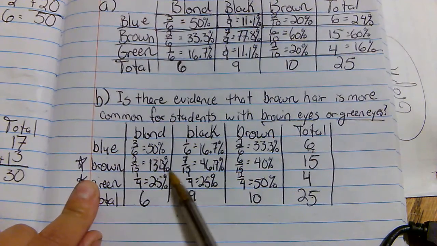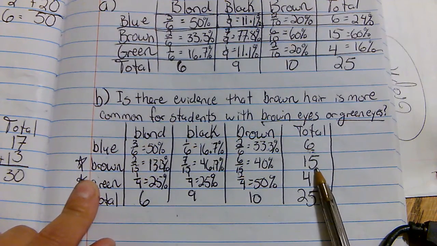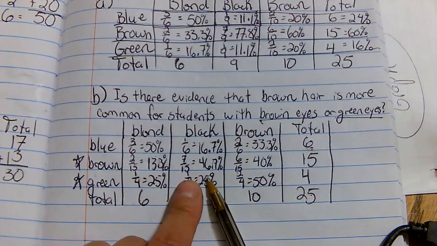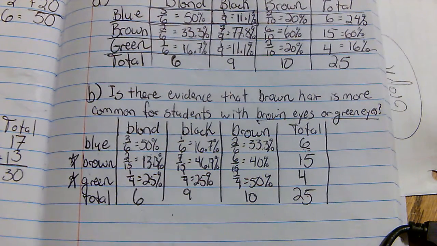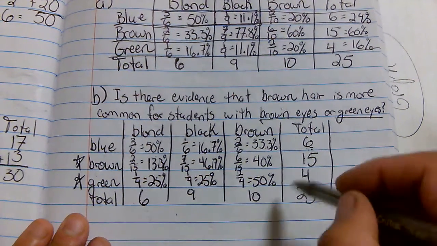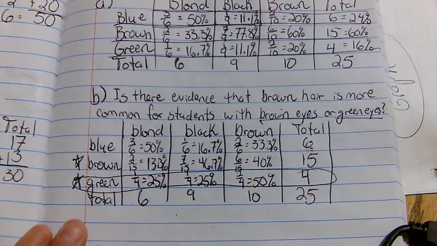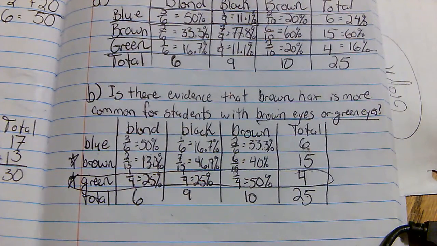If we look at all the people who had brown eyes, there were 15 of them, but most of them had black hair. So according to this, it's more common for students with green eyes to have brown hair. So that is how you make a relative frequency table.